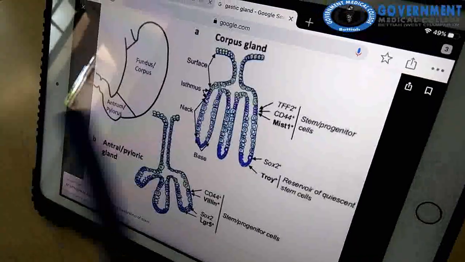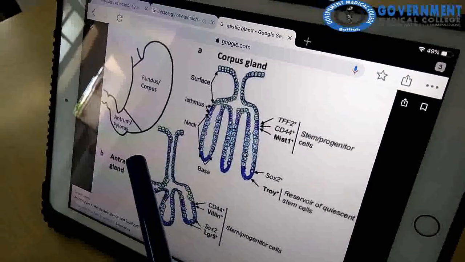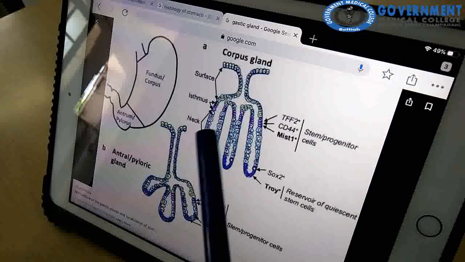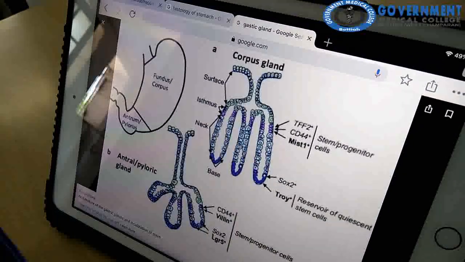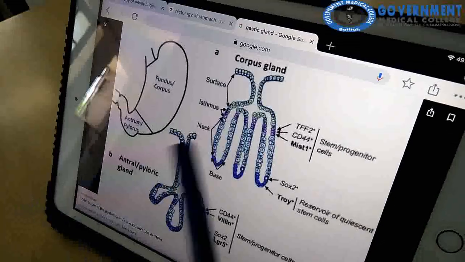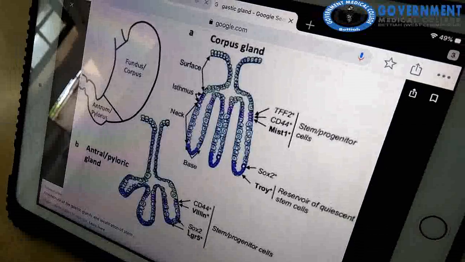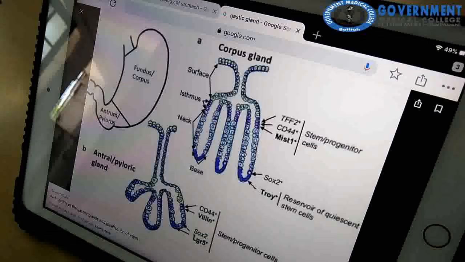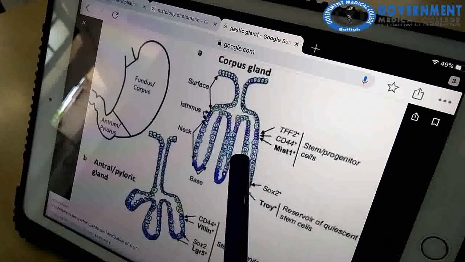I have discussed previously that gastric glands are simple branched tubular glands, and 1 to 3 glands may open in one gastric pit. See the picture and imagine. The lower half, see the lower half.